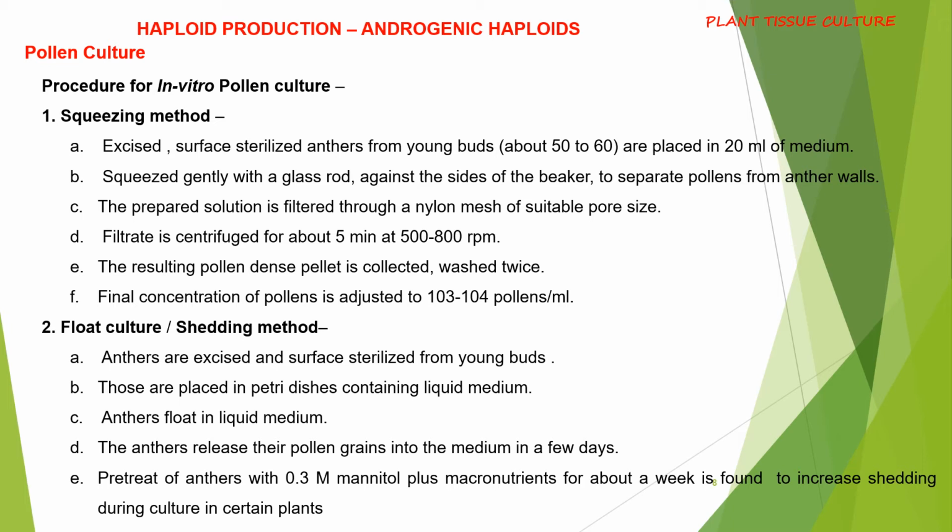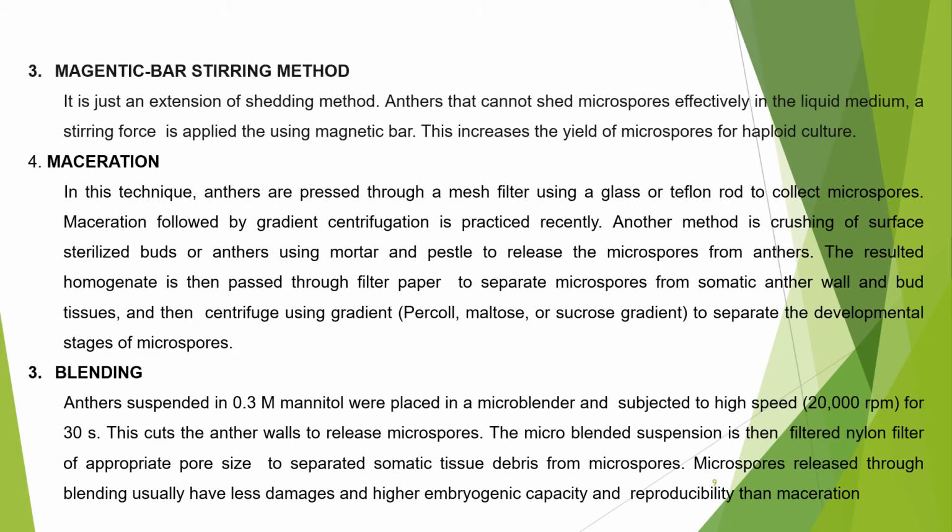This is then centrifuged and inoculated into nutrient media. Certain other methods that are used to release or isolate pollens from anther or flower buds are magnetic bar stirring method, maceration, and blending.